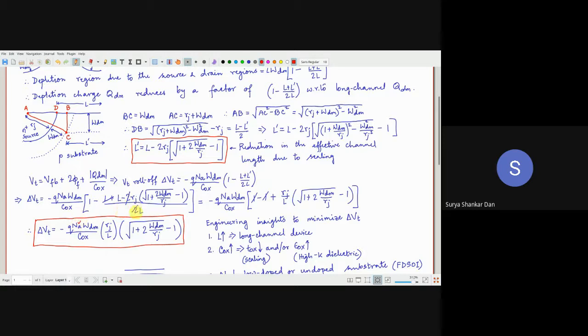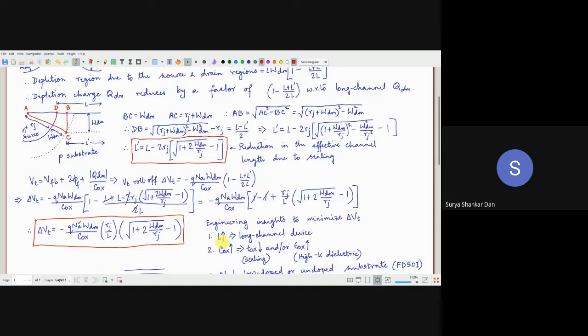Now, notice from this equation, we will have several engineering insights in order to minimize delta VT. Our objective is to make our device much more robust, right? So if you want to make it more robust, the VT roll-off part should be as low as possible. So if we want to minimize this delta VT part, what do we have to do?